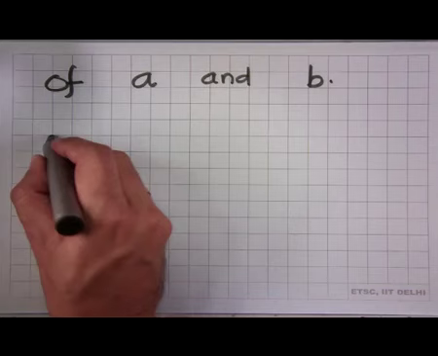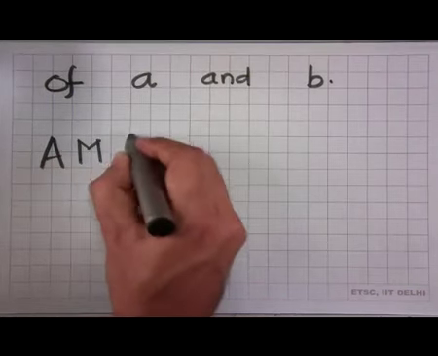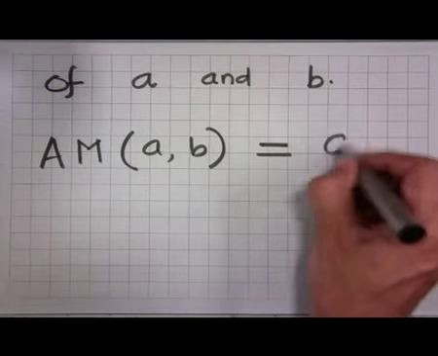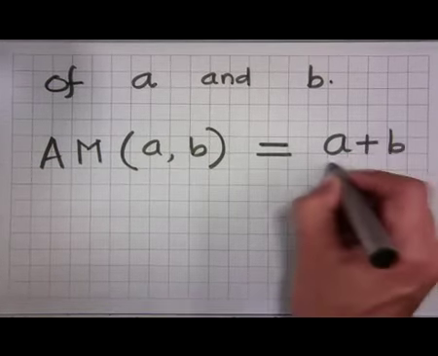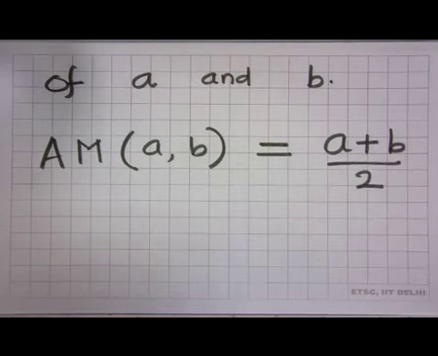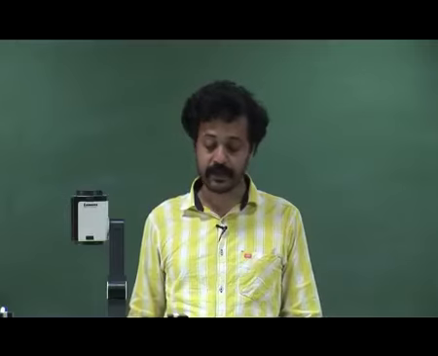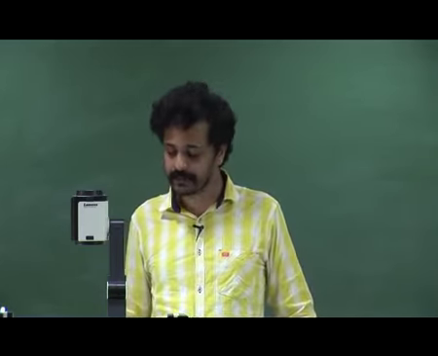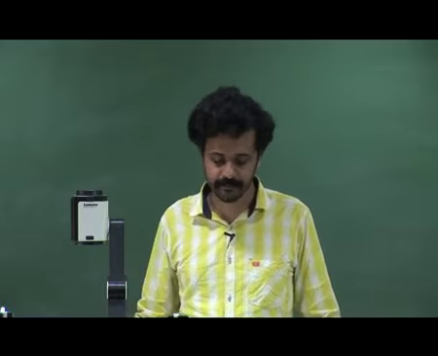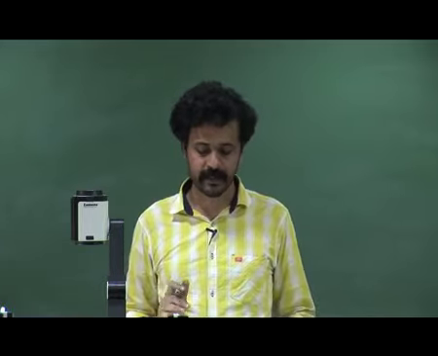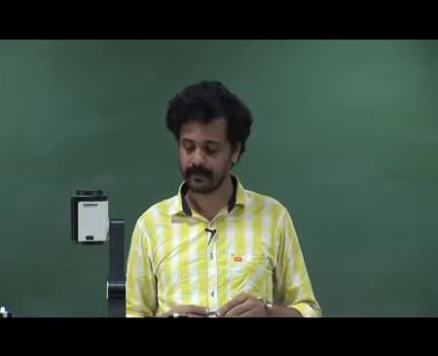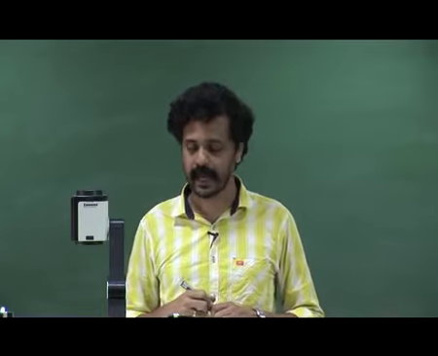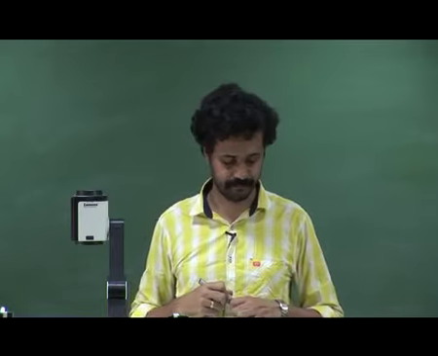Let me put it simply: the arithmetic mean of a and b is given by (a plus b) by 2. You have observed previously that when two numbers are given and we insert the arithmetic mean between them, then the three numbers can become three consecutive terms of an arithmetic progression.